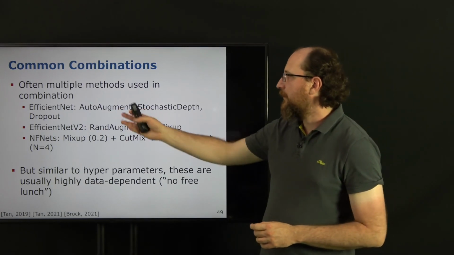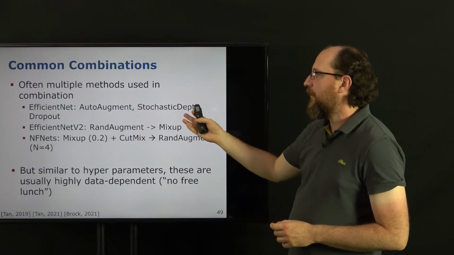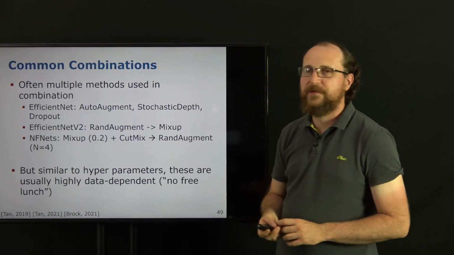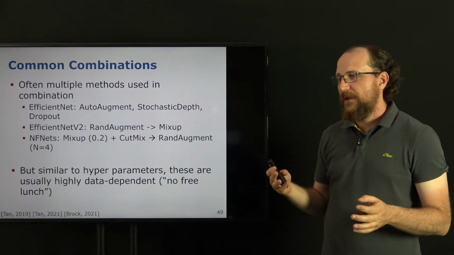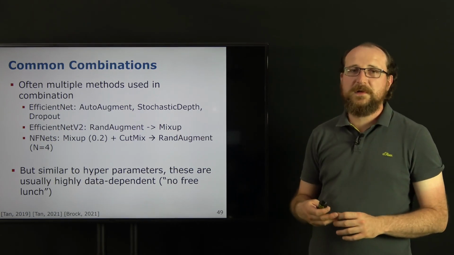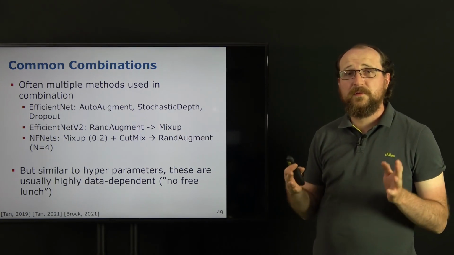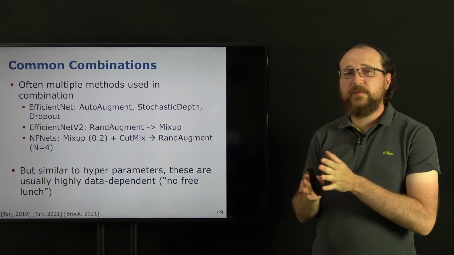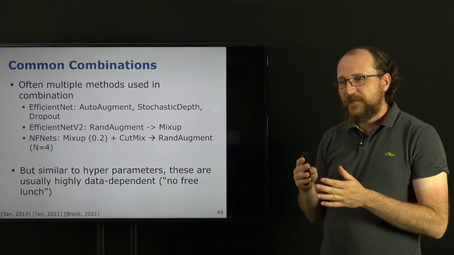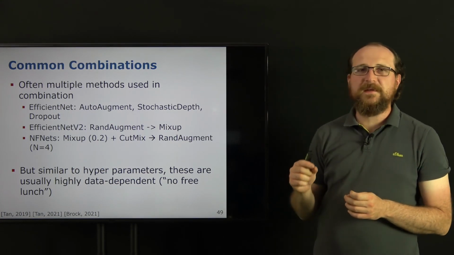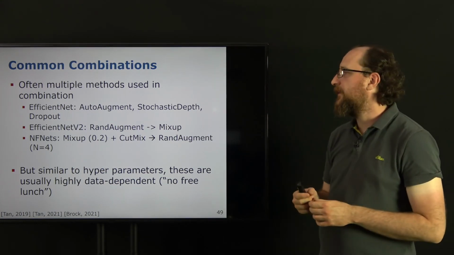Stochastic depth and dropout were, of course, also applied for EfficientNet. So it's really a combination of different ways to reduce the risk of overfitting, and also to reduce the gap between the training and the test error.